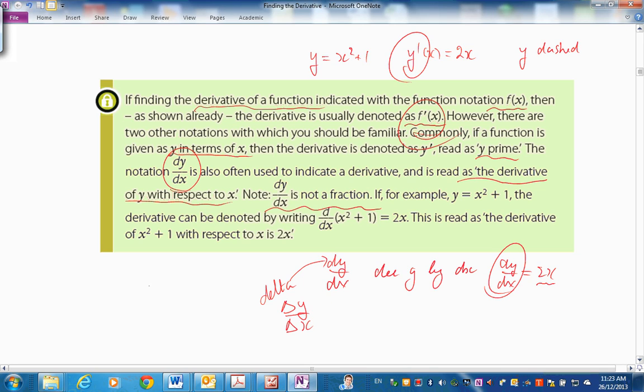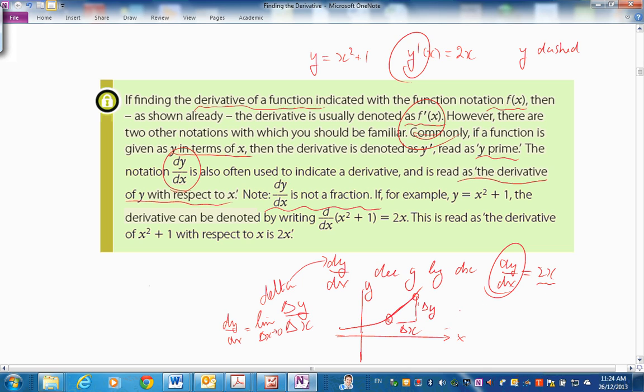Okay, because dy by dx is the limit as delta x tends to naught of delta y on delta x. Let's tidy that up a bit so you can see a bit more. If I wanted to find the slope of that chord from there to there, that would be change in y over change in x.